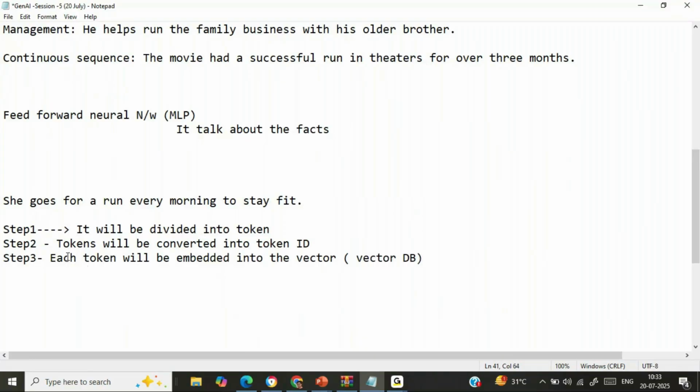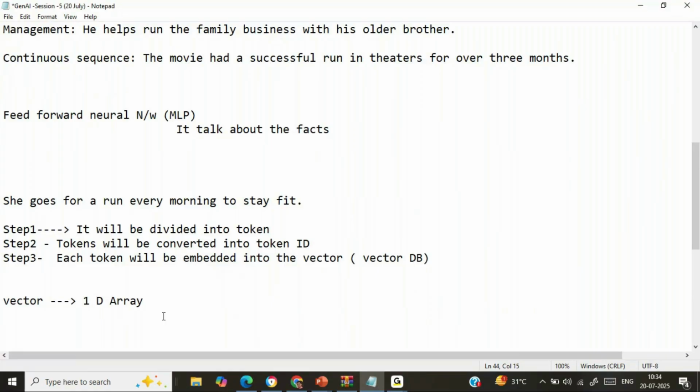Once the tokenization is done, the tokens are embedded into the vector database, and this is nothing but a vector. What do we know about vectors? Vectors are nothing but a one dimensional array, right?